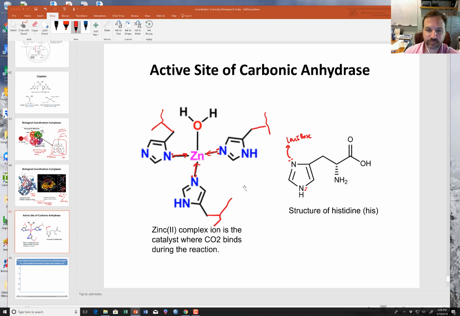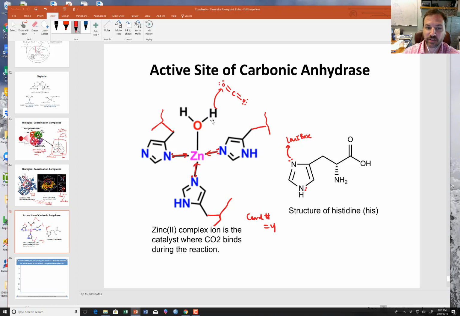And now we have water. It turns out that when water coordinates to the zinc, we now have a coordination number of 4. And of course, zinc would form a nice tetrahedral geometry in this case. And then when the water bonds or interacts with the zinc, it makes it more likely that this hydrogen is going to be able to interact with carbon dioxide.